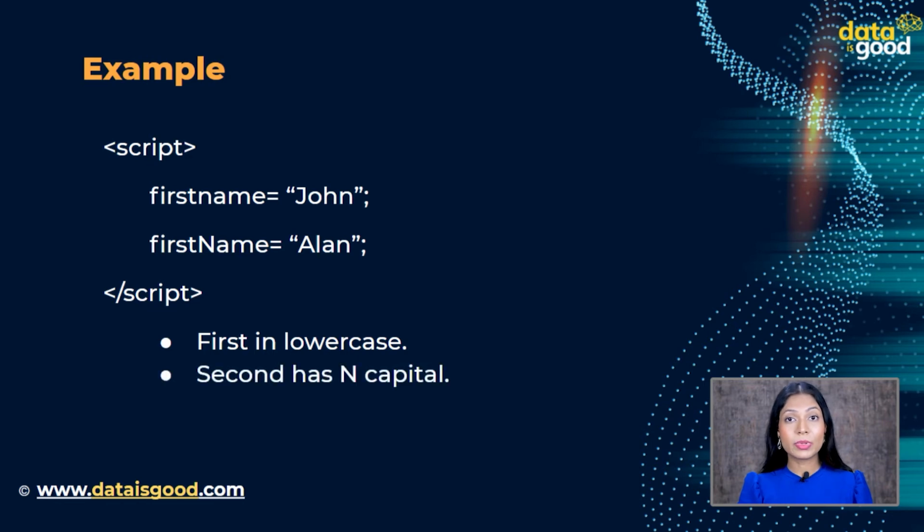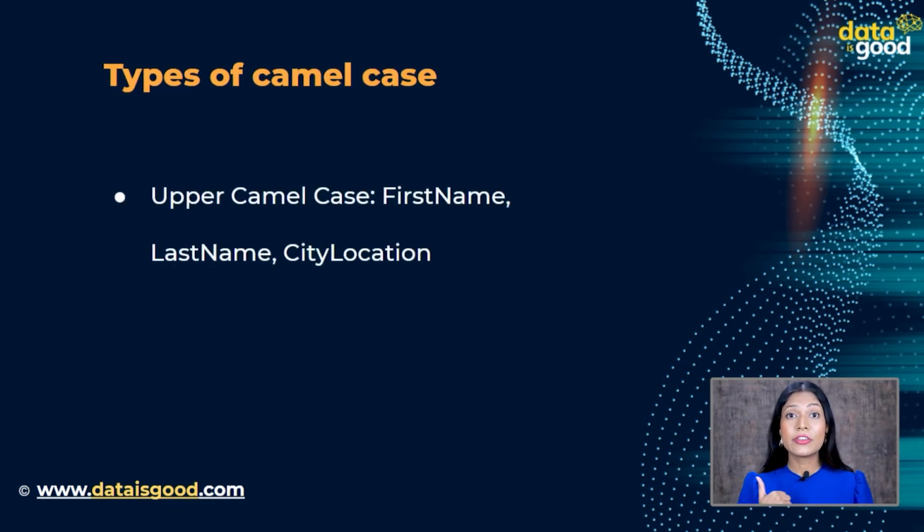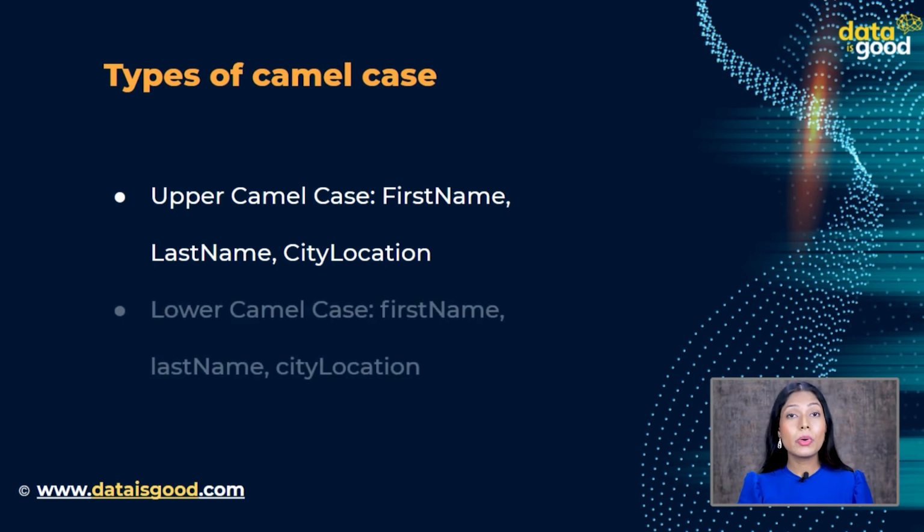The second variable, which has N as the capital character, is an example of what is called camel case, where the first character of the word is in lowercase and the first character of the second word is in uppercase. Further, camel casing is also of two types: upper camel case, FirstName, LastName, CityLocation; lower camel case, firstName, lastName, cityLocation.